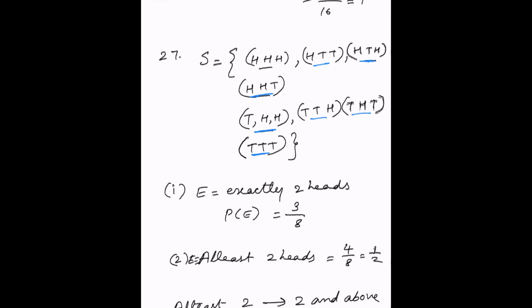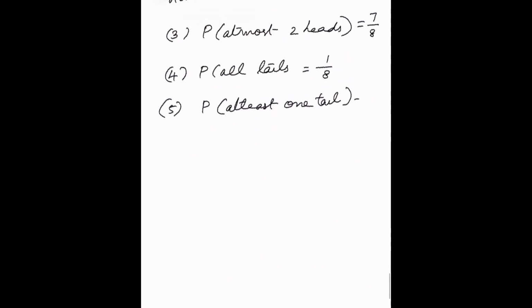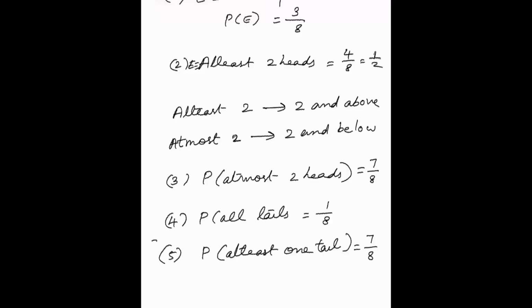Someone said the answer correctly. 7 by 8. At least one means 1 and above. Got it? 1 and above tails. So 1 and above is satisfied in every case except HHH. So it is 7 by 8.